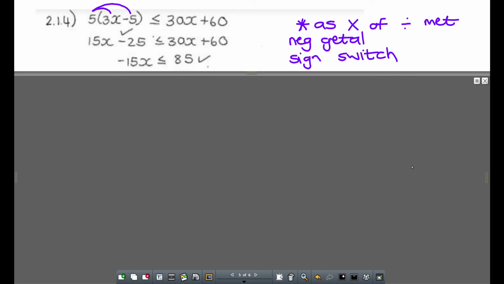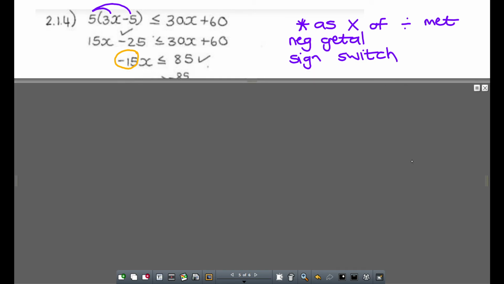No. Wil ek ontslaa raak van hierdie minus 15. So what am I going to do? Ek gaan sê, gedeel deur minus 15 on both sides, right? And whenever we do that, when I divide, or multiply, but in this case it was divide, when I divide with a negative number, it means my sign must switch.